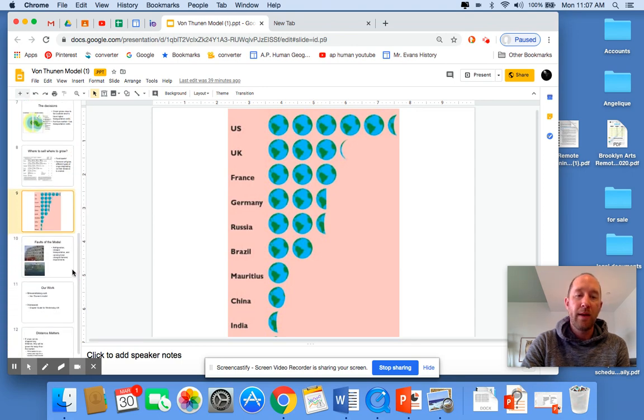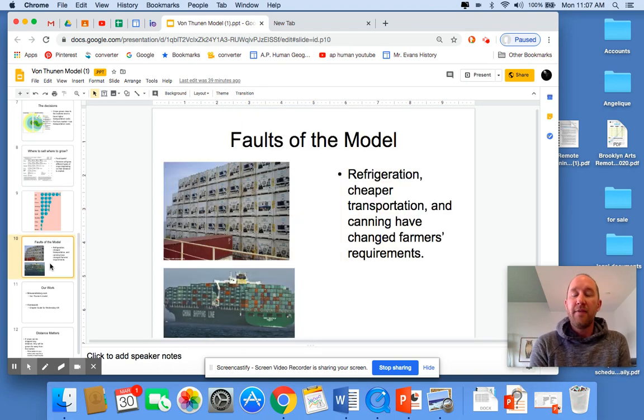All right. This is the last slide, and I know I'm going over a lot quickly. I said that von Thunen wrote this model in 1826. Today, there are a lot of things that don't hold true. And they don't hold true for several reasons, mostly technological innovations.